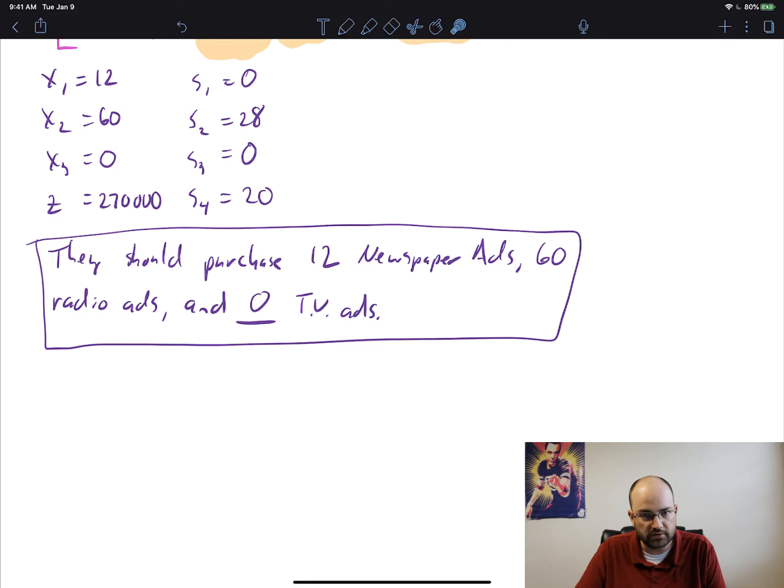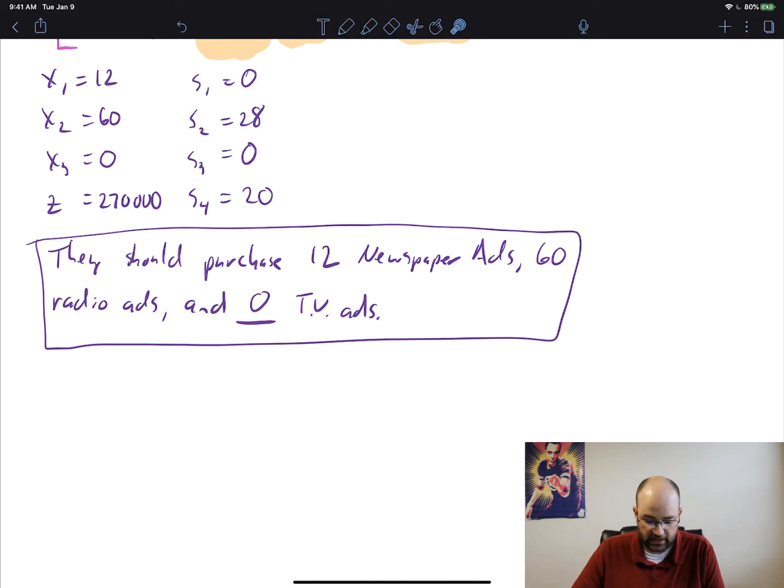There were more that we could purchase, which is the reason why S2 was... actually, no, wait. Yeah, there were 28 left over that we could have purchased. None of the radio ads, and then I didn't buy any TV ads because they were the most expensive. And we already had run out of money by buying newspaper ads after having bought the radio ads.